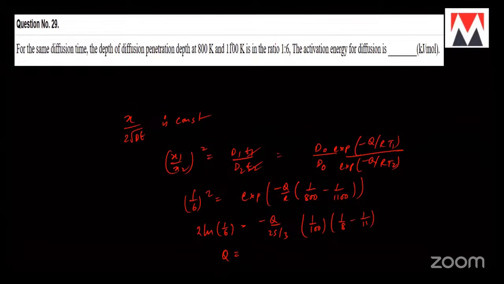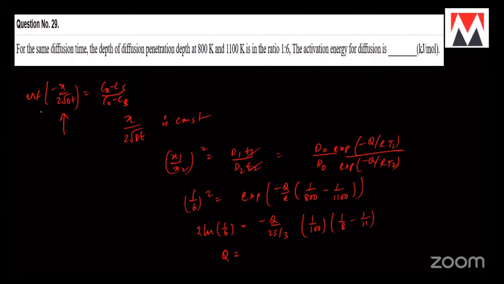How do you get this relation is, you know erf equal to erf of minus x by 2 root Dt is equal to Cx minus Cs by C naught minus Cx, right? In this, what you'll take is this to be constant with respect to your diffusion. So you'll get x by 2 root Dt is constant.